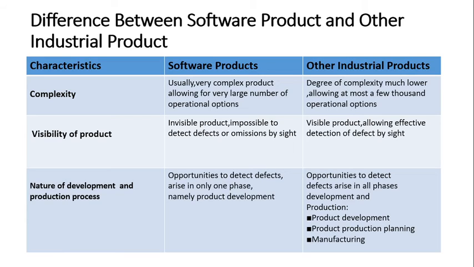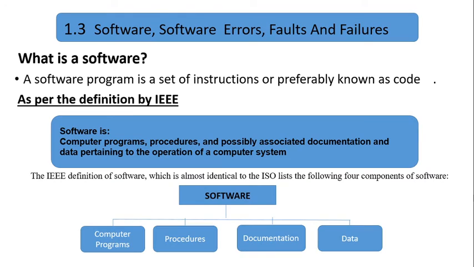This is the difference between software products and other industrial products. In last year's question papers, they asked about the difference between software products and other industrial products.